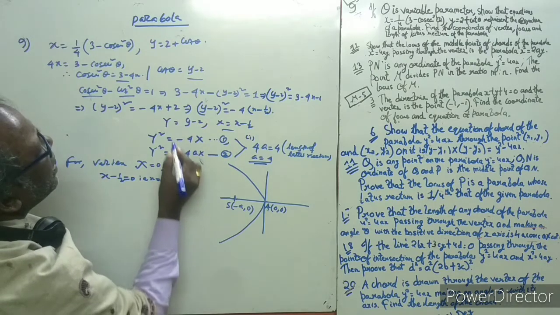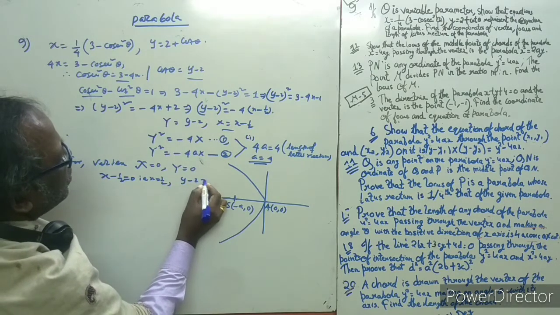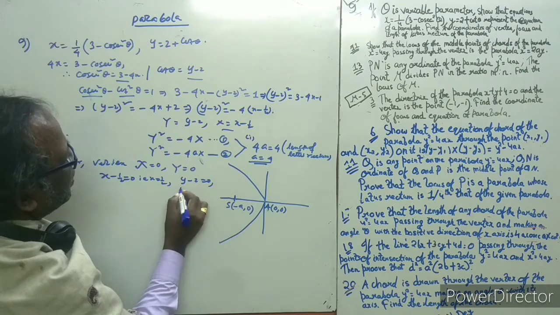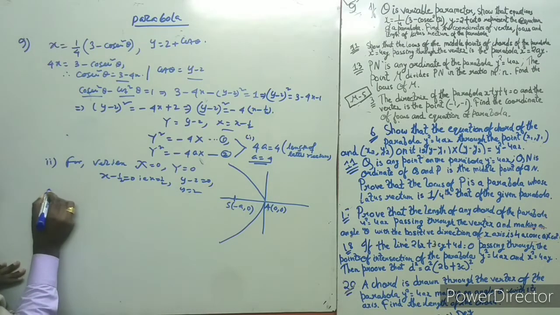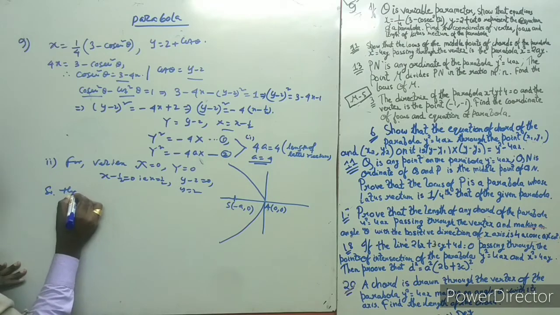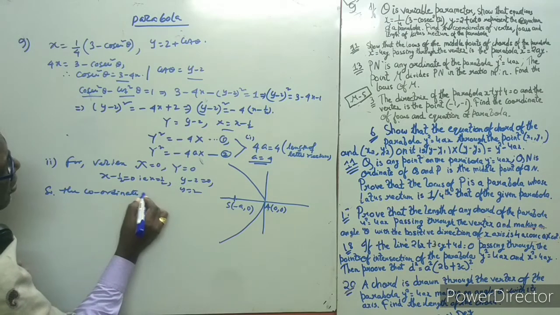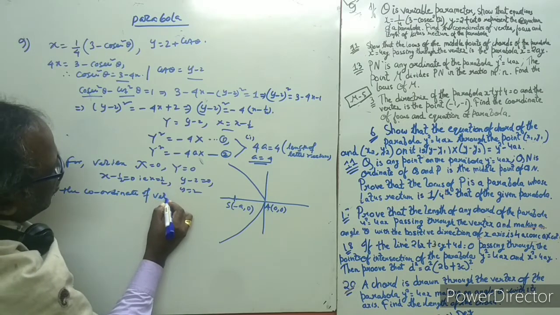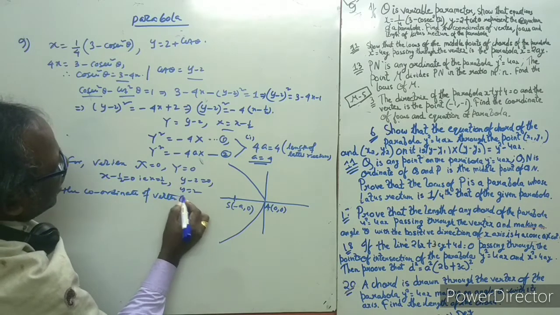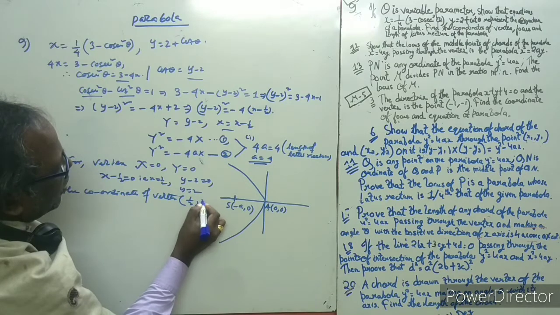Again, capital Y is y minus 2 equal to 0, so y equal to 2. So the coordinate of the vertex is half comma 2.